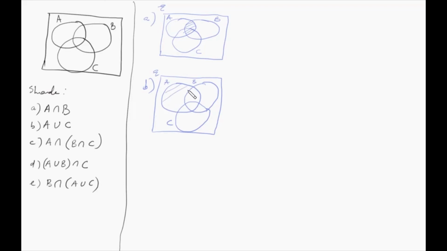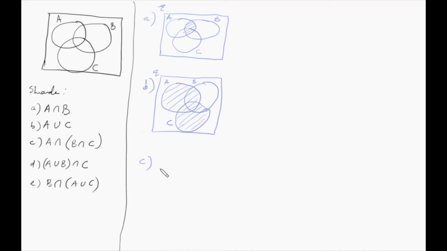These two sets together. A union C. All right. Look at it carefully. A union C. Set A is here. Shade A and C. Those are the elements or the region in this case.